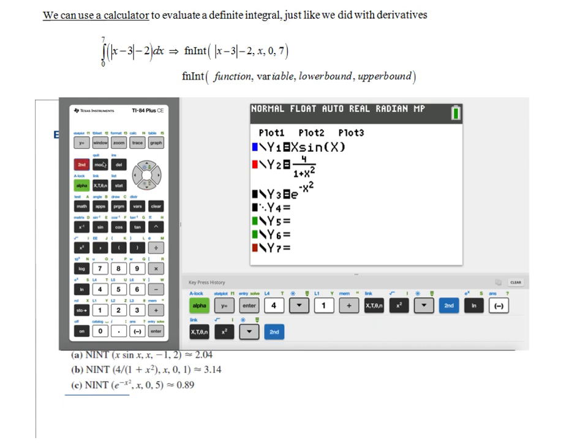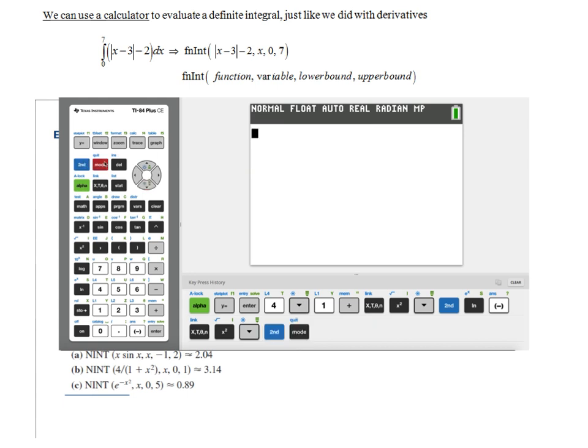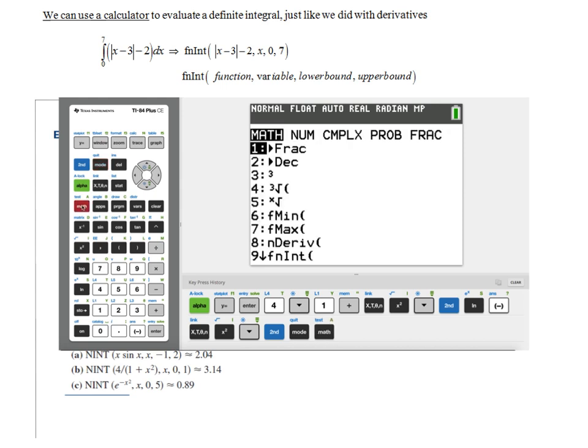So now to evaluate the integrals, the first one asks us to evaluate from -1 to 2 of x sine of x. To get an integral, just like you did derivative was math 8, integrals are math 9, FNINT, and that stands for finite integral.